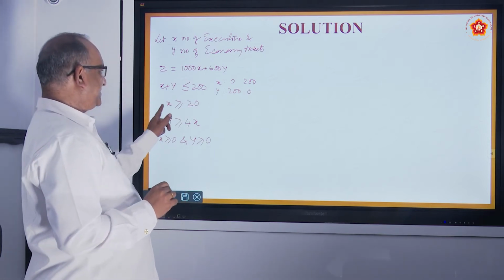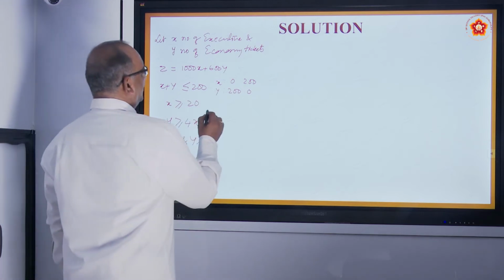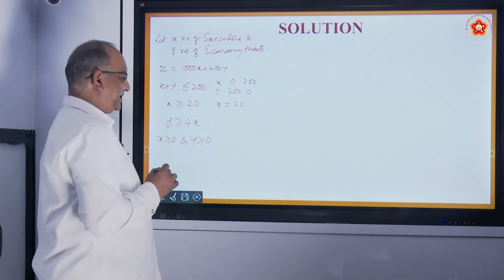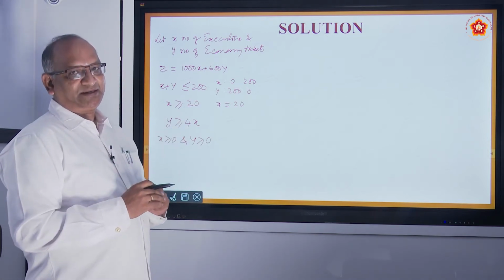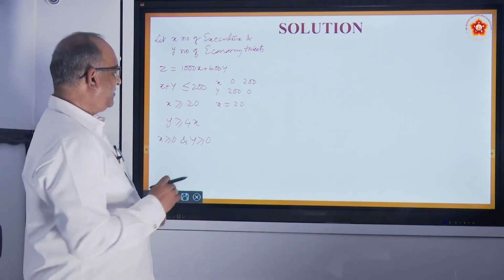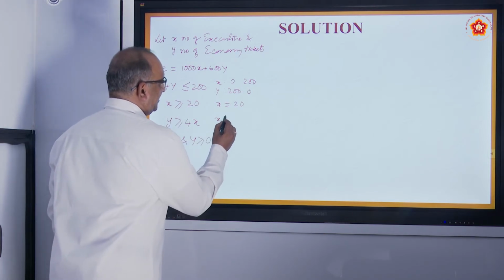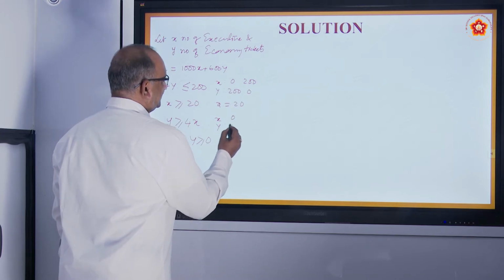Come to this, x is greater than or equal to 20. So here the corresponding equation is going to be x equal to 20. Come to this, y is greater than or equal to 4x. The equation is going to be y equal to 4x. If y equal to 4x is the equation, the values of x and y are going to be: if x is 0, y is 0.